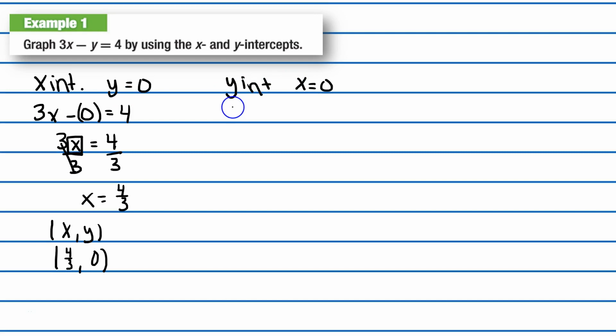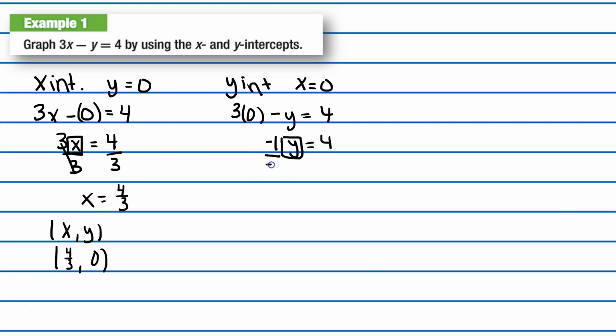So once again, you're going to plug in your information. 3 times x, well, x is 0, minus y, which is equal to 4. 3 times 0 is just 0, so minus y, which is equal to 4. I'm going to get y by itself, and between the y and the negative is an invisible -1, but if you need to write it, make sure you write it down.